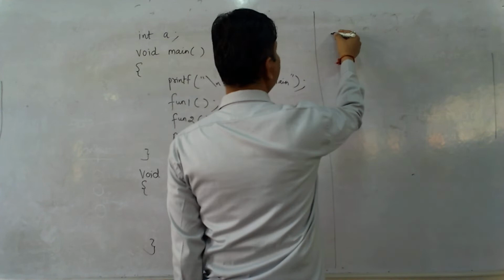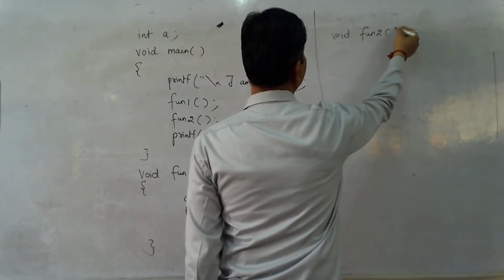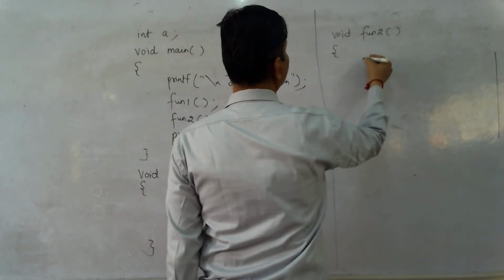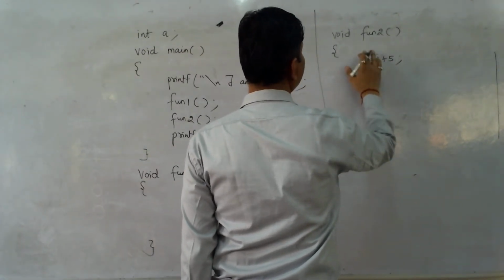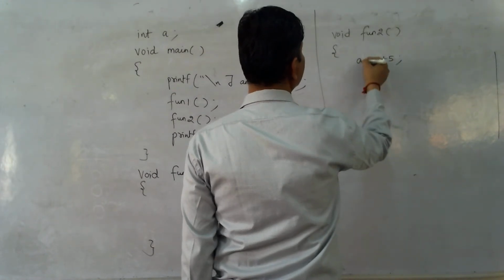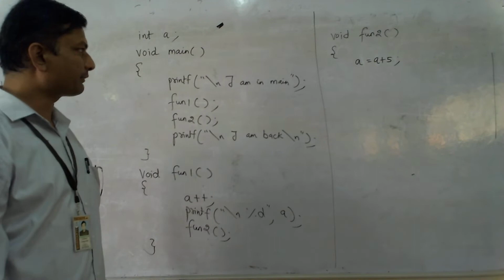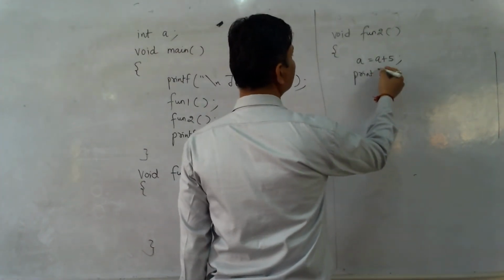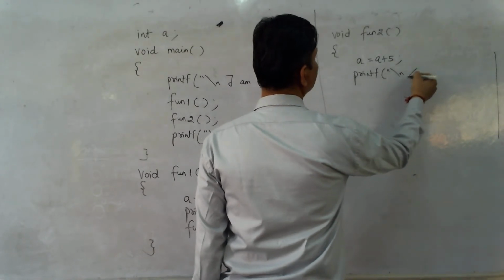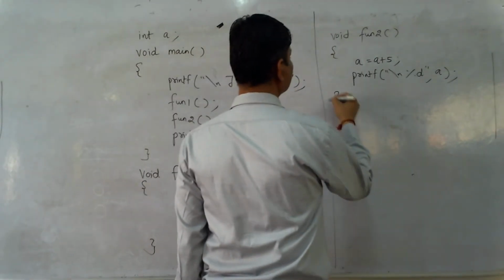Now I will write another function fun2. Here I will increase the value of variable a by 5, and after increasing the value of a, I will display its value. That's it.